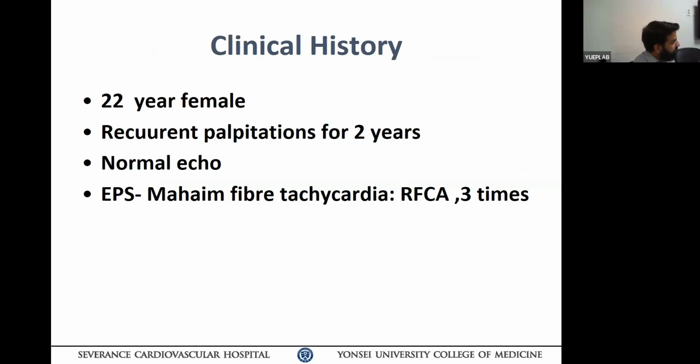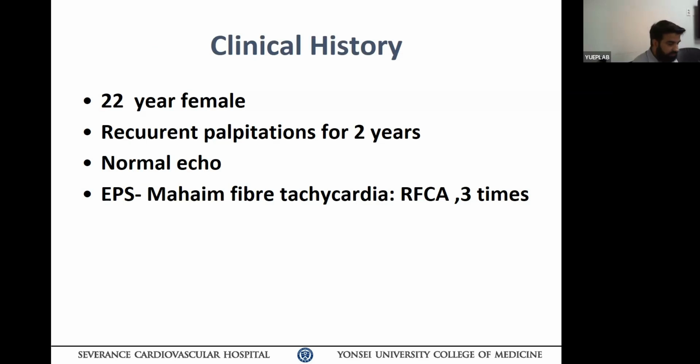She had a structurally normal heart, and electrophysiology showed Mahaim fiber tachycardia. But she recurred twice, and she had to go on the third procedure. During the procedures, it felt that everything had gone off, but she again came back with the same tachycardia.